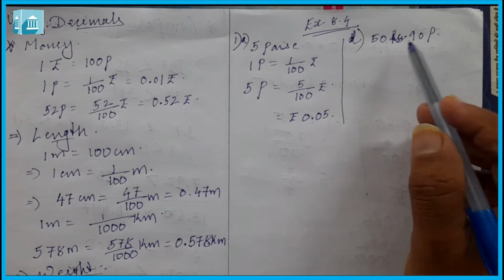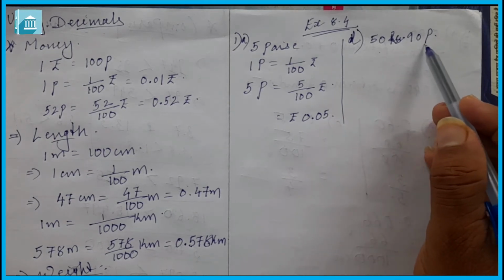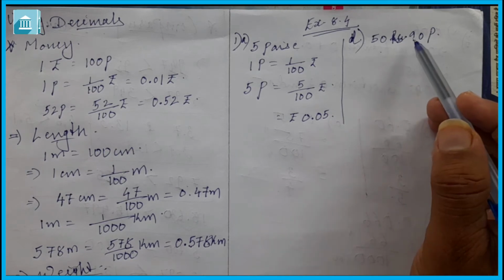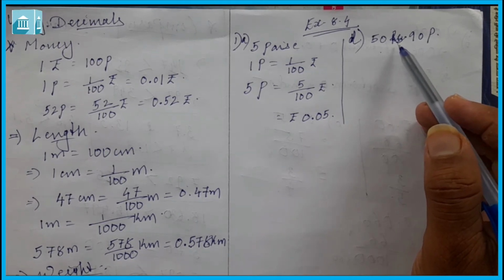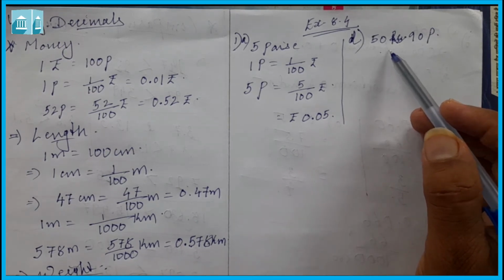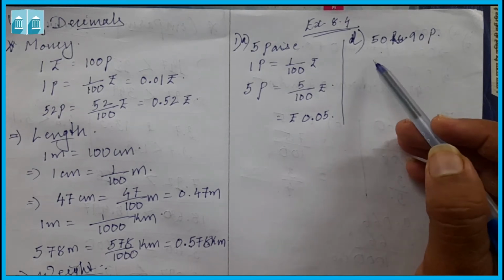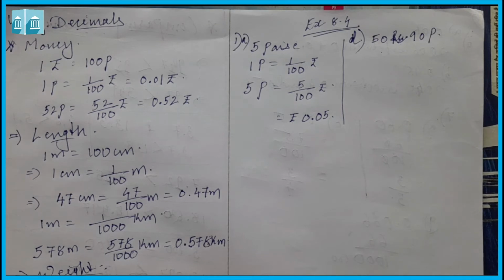So we need to convert only the 90 paise, or we can convert the whole amount into paise and then into decimal. Either we can convert all this into paise and then into decimal, or we can do it another way.